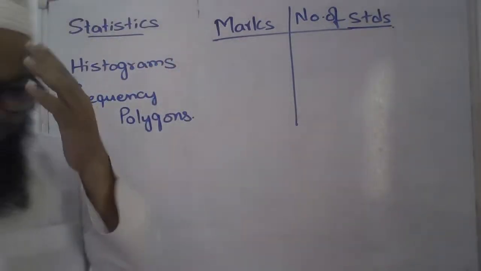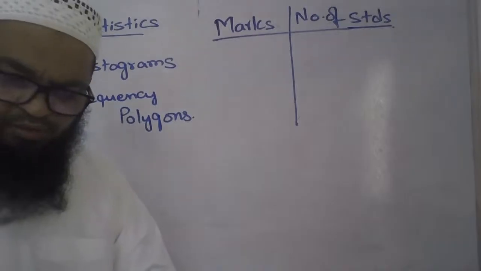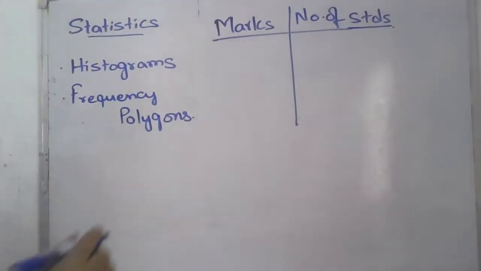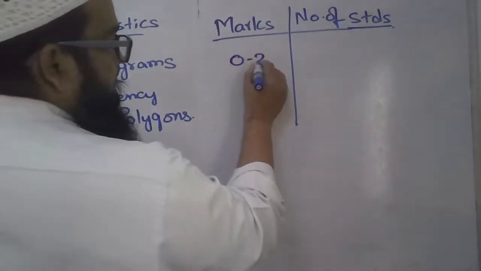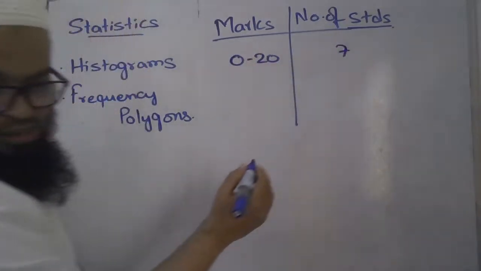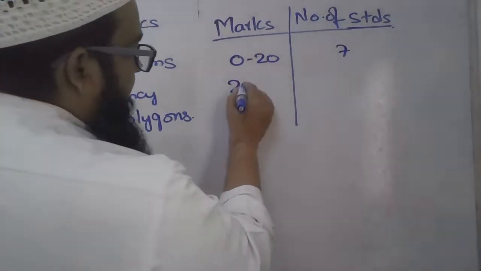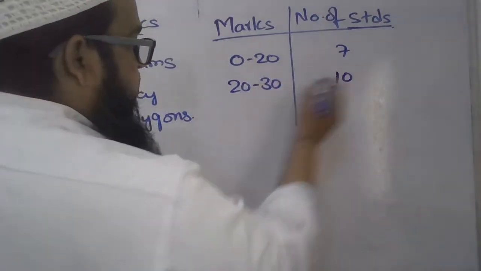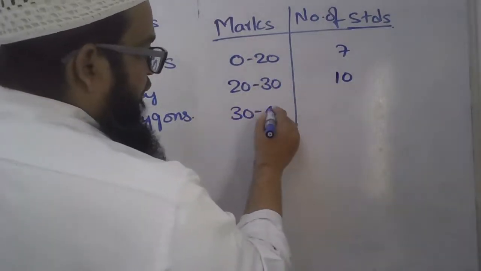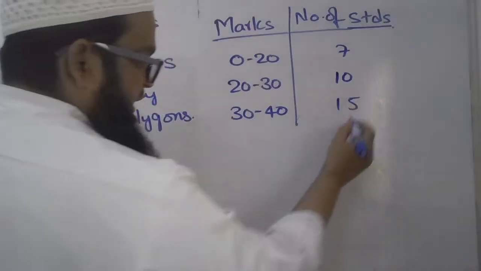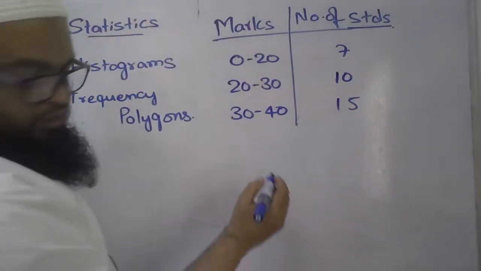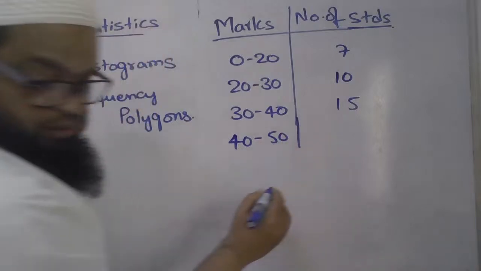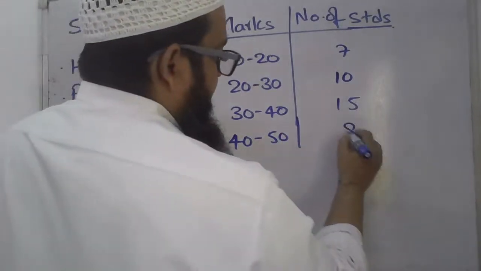Let us say I'm using the example from the textbook, page number 251. 0 to 20, it's 7, and 20 to 30, it is 10, and 30 to 40, let us say 15, and 40 to 50, let us say it is 8.